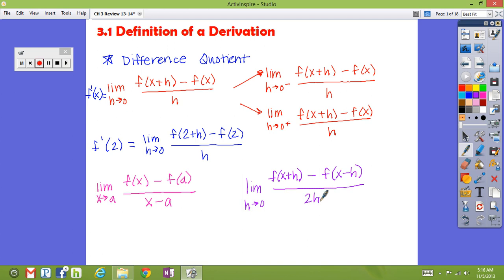And every single one of them, I can say f prime of, this one would be f prime of a, and this would be f prime of x. So all of them find the definition of a derivative. They actually find the derivative.